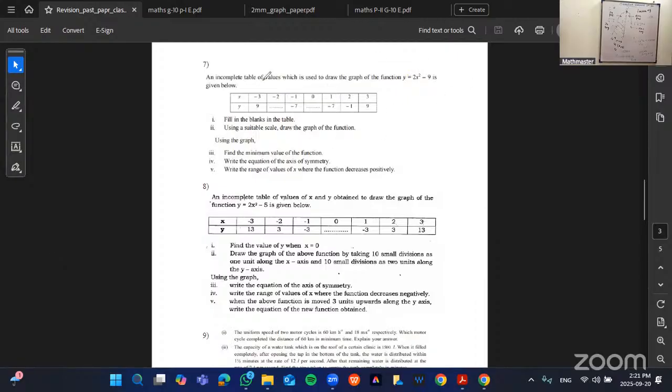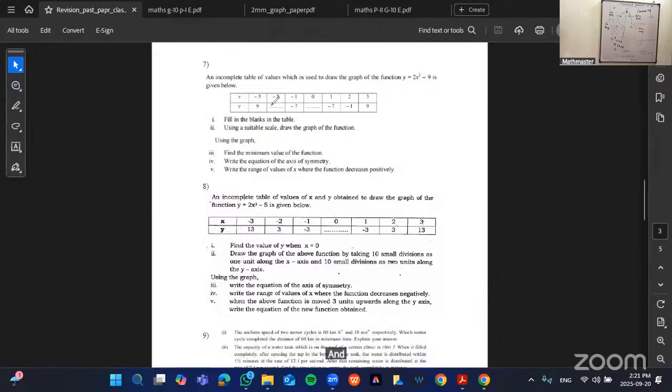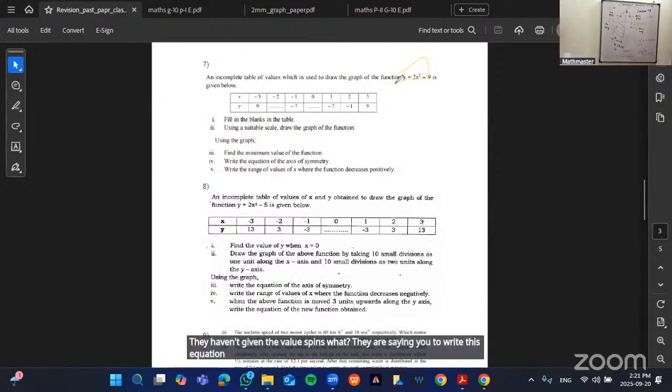Function y equals 2x squared minus 9 is given below, right? So they have given the table of x, y. So x here is minus 3, minus 2, minus 1, 0, 1, 2, 3. And y also they have given some values, and some values they haven't given. They haven't given the values means what? They are saying you to write this equation and substitute the values for x and find y.